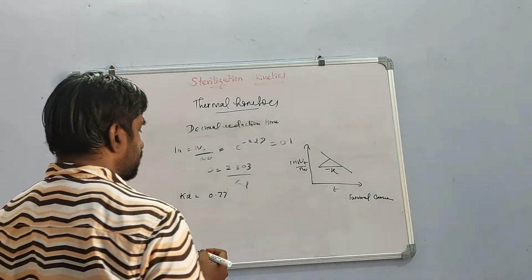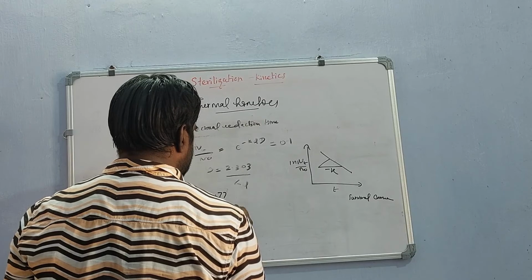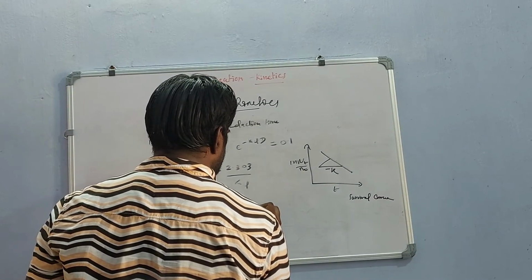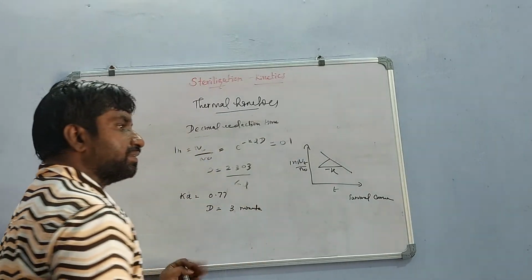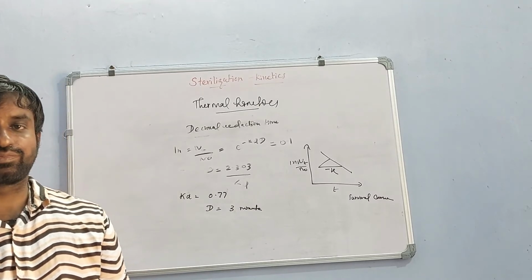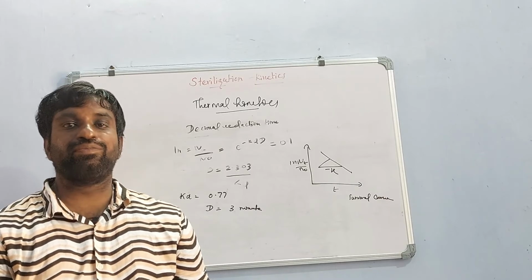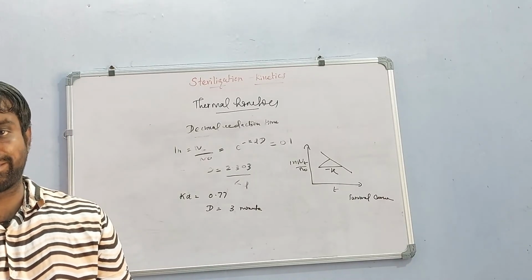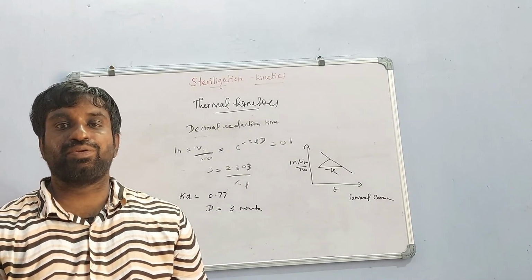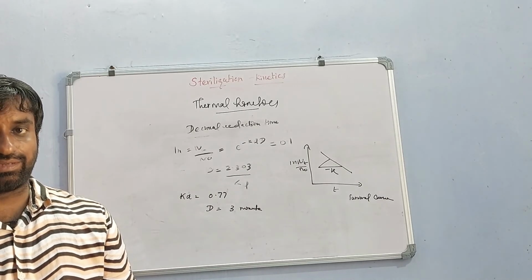So the decimal reduction time, D value, becomes 3 minutes. This says that a log reduction of Bacillus stearothermophilus occurs for every 3 minutes at a temperature of 121 degrees centigrade.